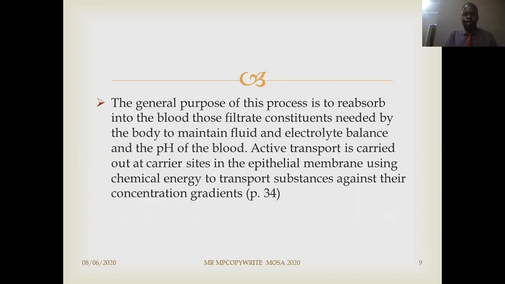Like I said, in the first process, filtration in the glomerulus, small blood cells are being filtered, and in selective reabsorption, these which were filtered out are being reabsorbed back into the blood circulation so that they can maintain the electrolyte balance and the pH of blood.